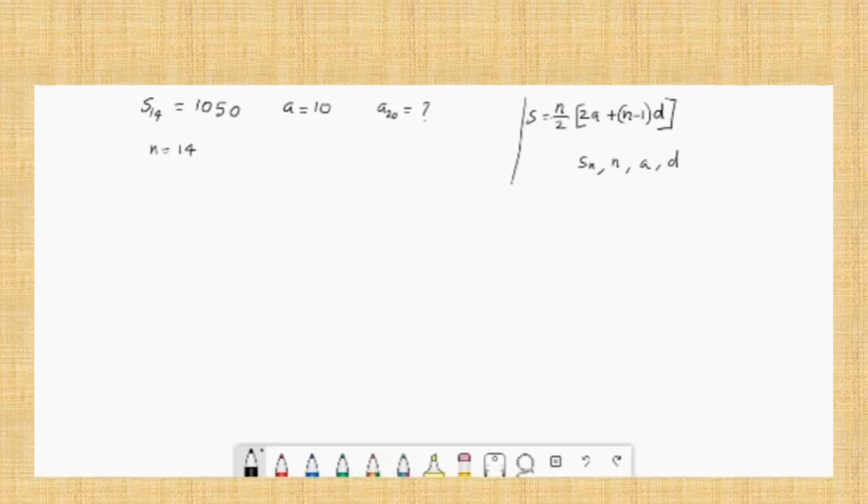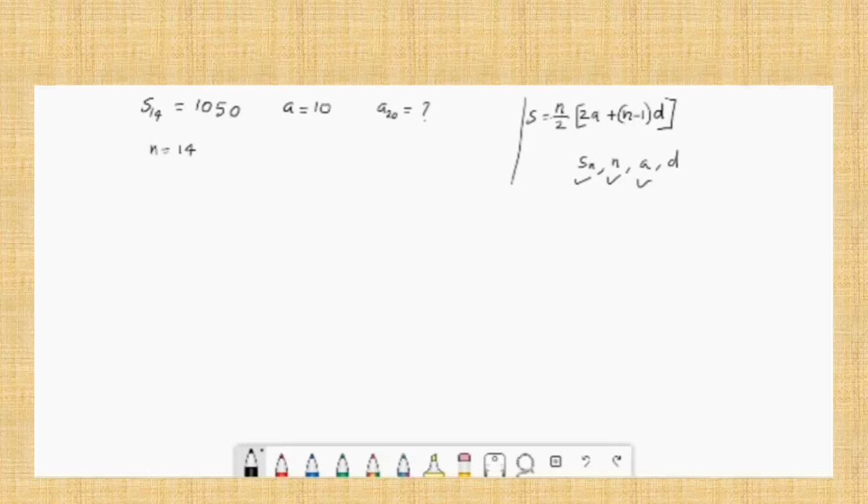So coming to this question. Here S14 is given, that means Sn is given, and n is also given as 14, and a is also given, and our question is not what is the common difference, but to find A20. But we know using these 3 given values, we can find out d using this formula. If you get d, then you can simply calculate A20, right? So the question may be like this.